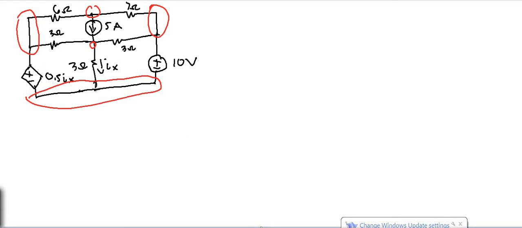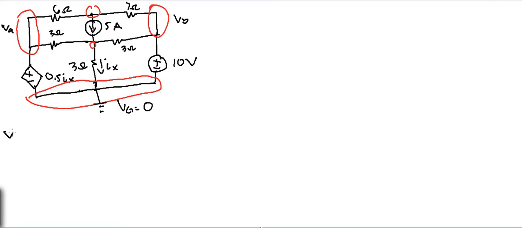Ngayon, if I put ground here, magiging 0 to, di ba? Ngayon, this means that this node, let us say dito VA, and also VB dito. So now, alam natin ang V ground natin is equal to 0. Ngayon, if we look the potential difference between this node at saka this node, the potential difference between VA at saka VG is simply equal to 0.5 Ix.